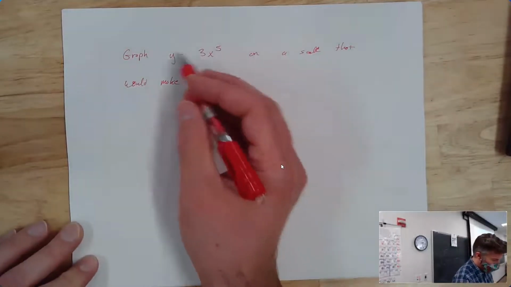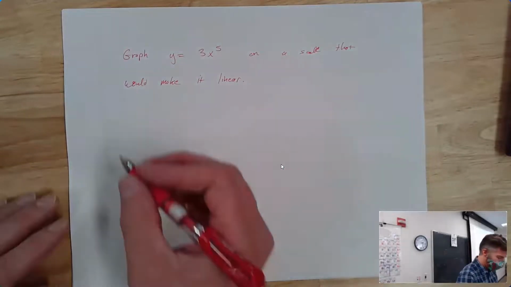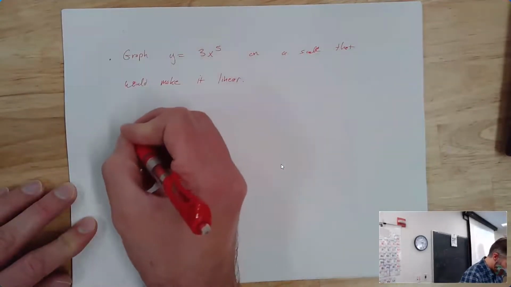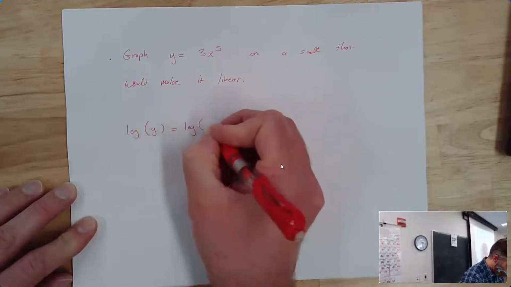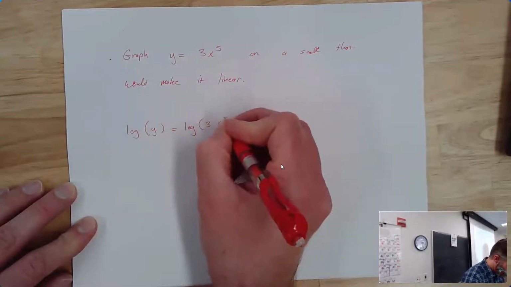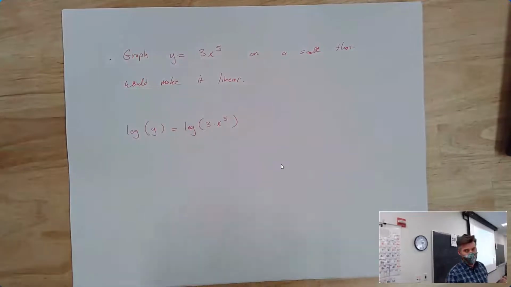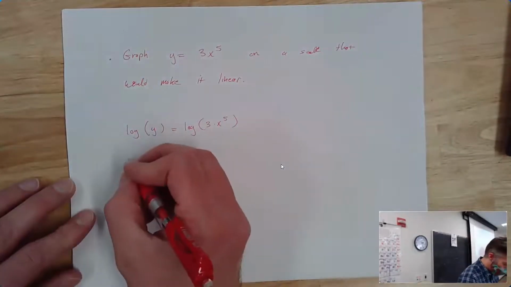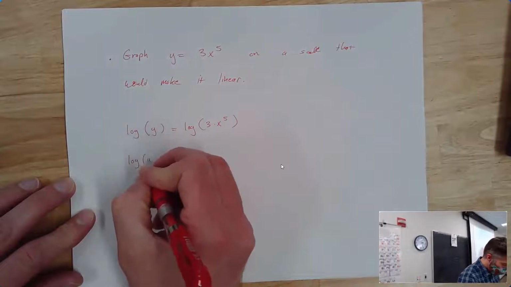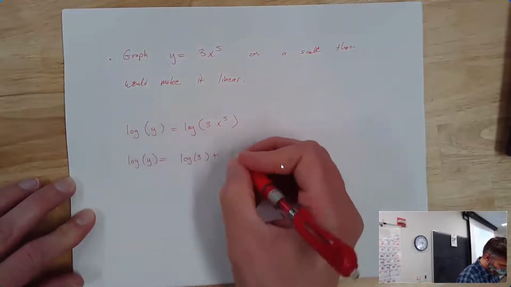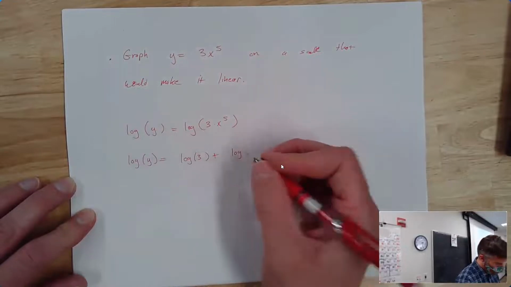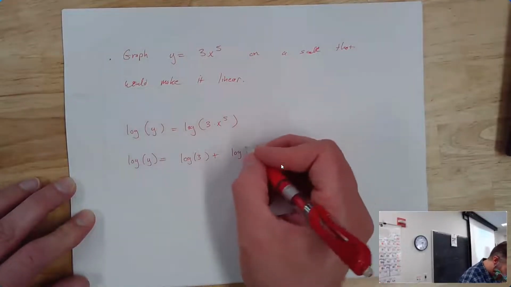So I'm going to take the log, base 10 of both sides. And then we're going to simplify the right-hand side using the rules of logarithms. So log of y equals log of 3 plus log, I started with the wrong one. Well, that's all right.